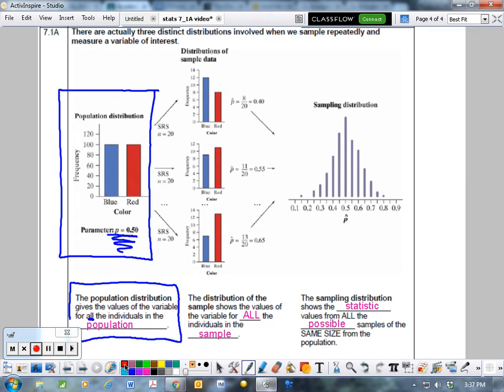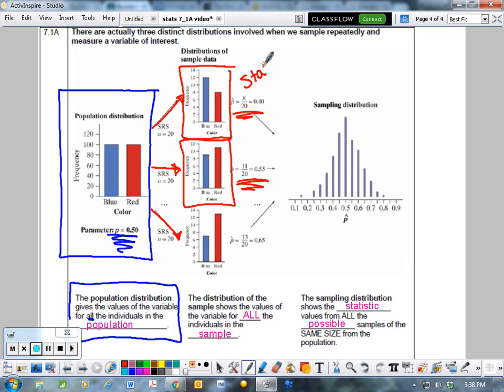Now, our next type of distribution is the distribution of the sample data. So now I'm going to take a sample of 20. I'm going to take another sample of 20. I'm going to take another sample of 20. And I'm going to keep on doing this. So this is the distribution for the one sample. This is the distribution for another sample, which means this is my statistic.